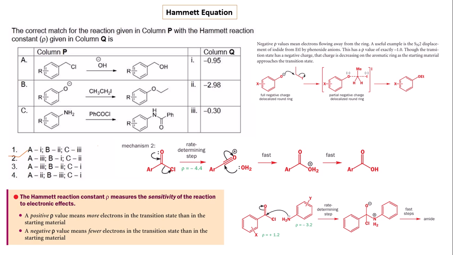This is the Hammett equation problem. We know that in the Hammett equation, the rho value can determine the transition state. In case the rho is for a less electron dense system, this is the acyl chloride, where the acyl chloride can add to the amine to give the amide product via this intermediate.